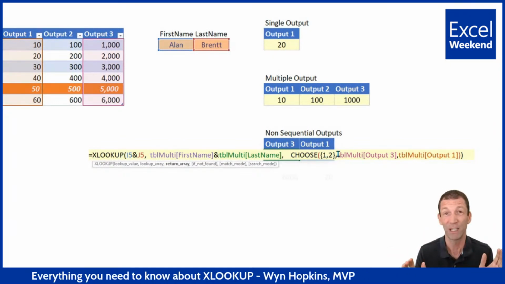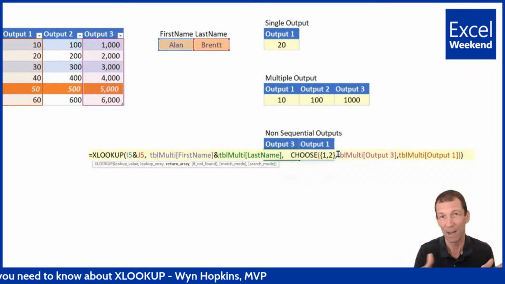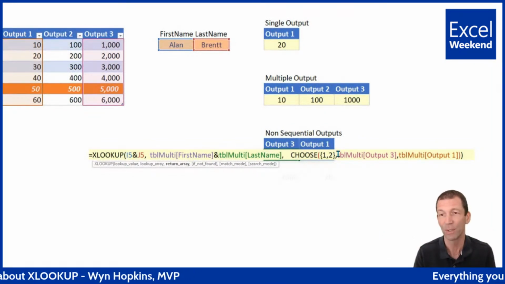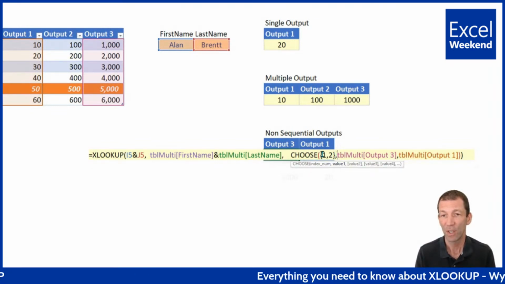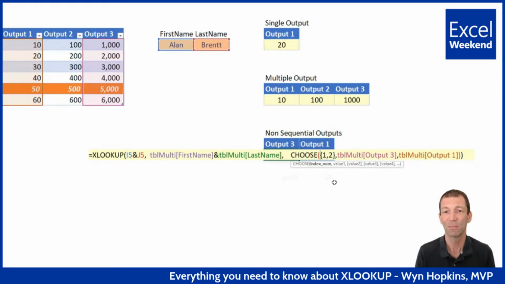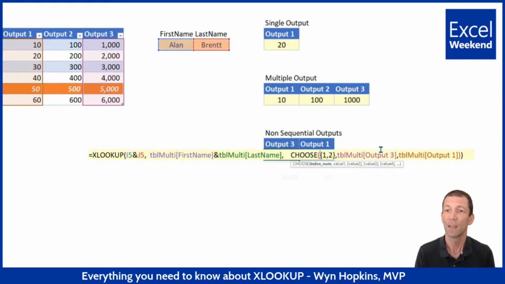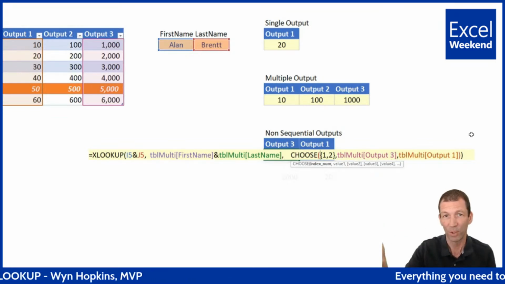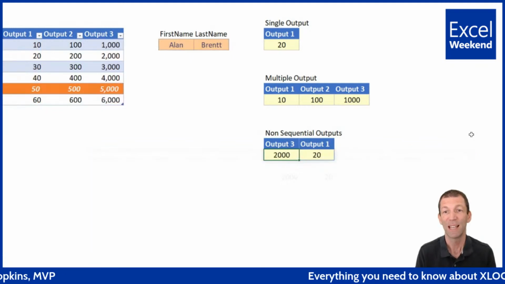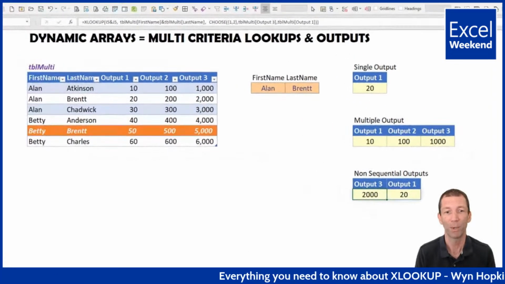If you want to pick 3 columns, you do choose 1, 2, 3. If you want to pick 10, choose 1, 2, 3, 4, 5, 6, 7, 8, 9, and so on. And then just the order you then follow it with. Those have to be in curly brackets. And then it's just a case of going, right, pick the column, comma, pick the column, comma. If you've got 3 columns, you just keep going. So that's how you do a multiple column output.